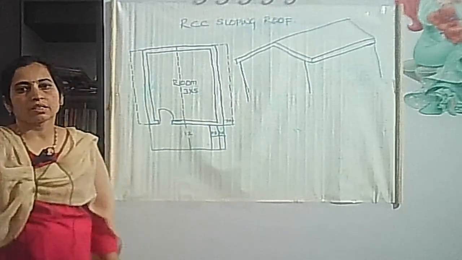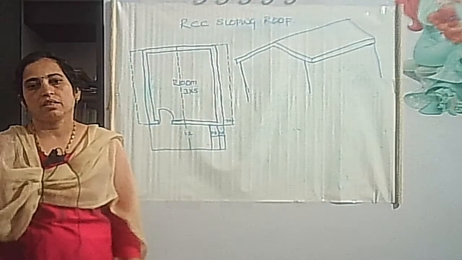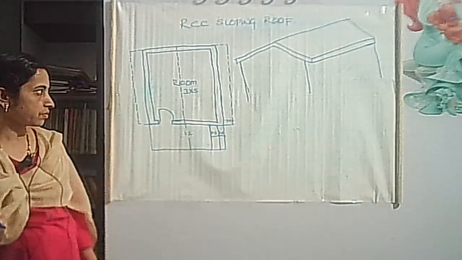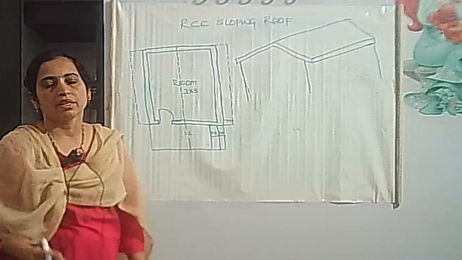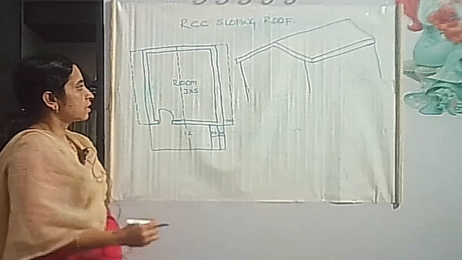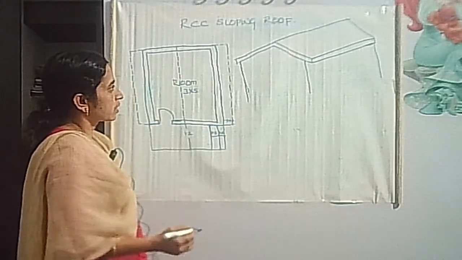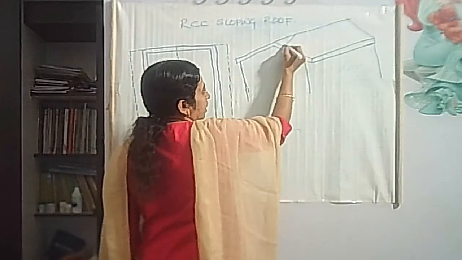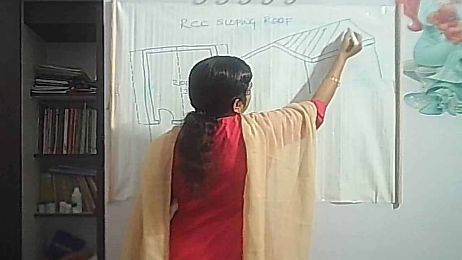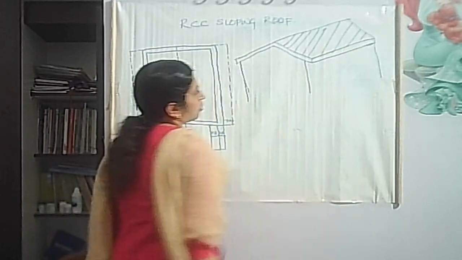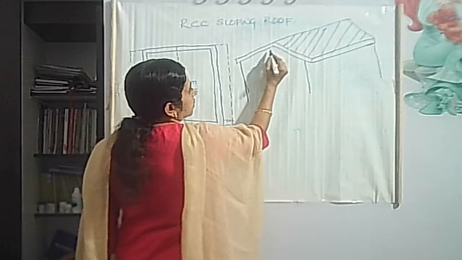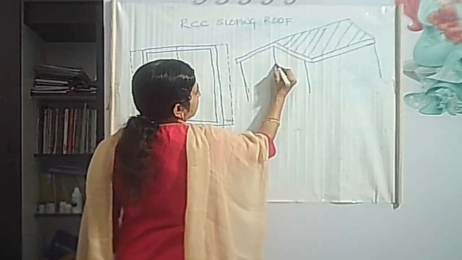We are supposed to calculate the quantity of RCC in the roof. So, how do we calculate? The method of calculating I will explain now. How do we calculate the quantity of materials utilized in this roof? The procedure is that we construct a right angled triangle here.